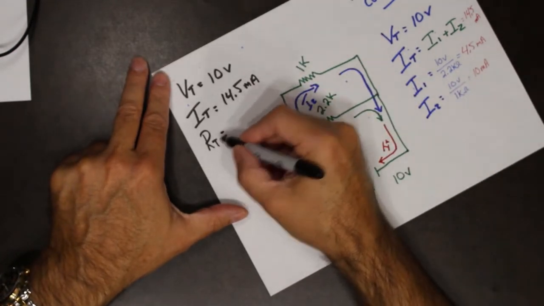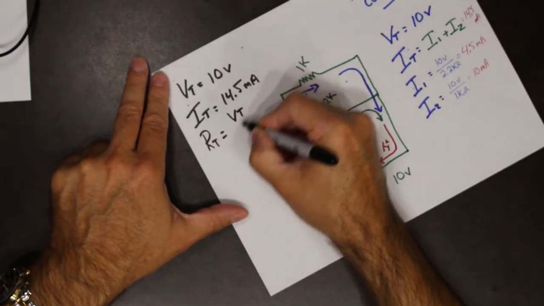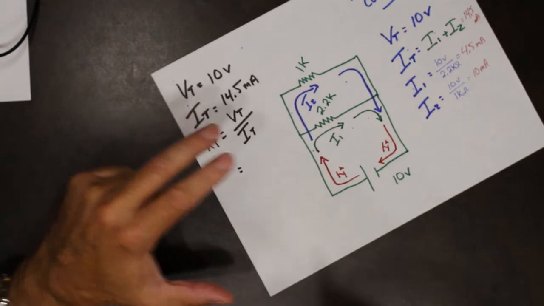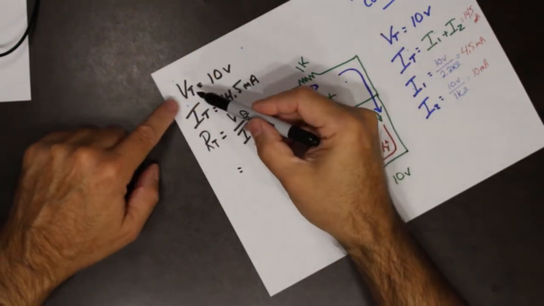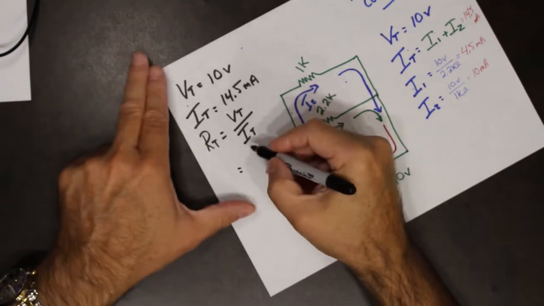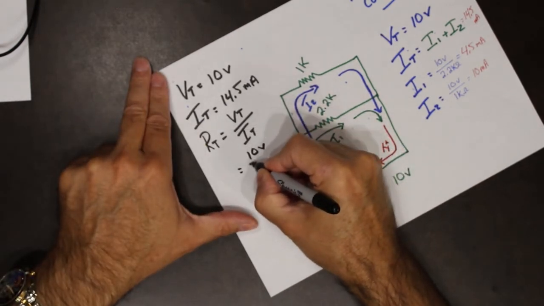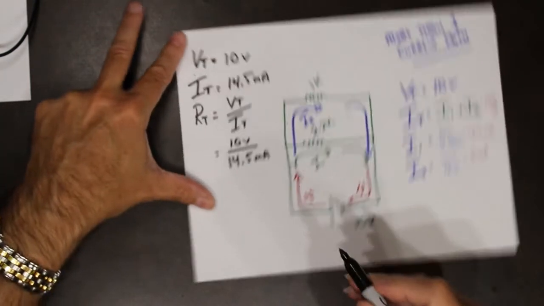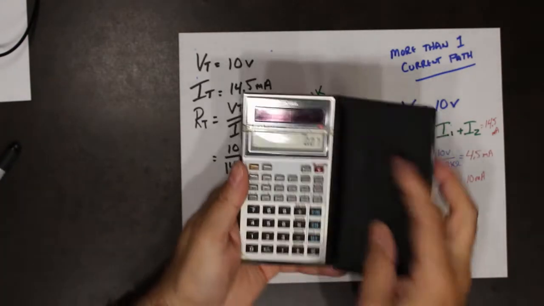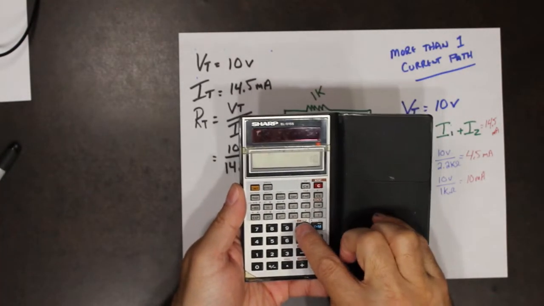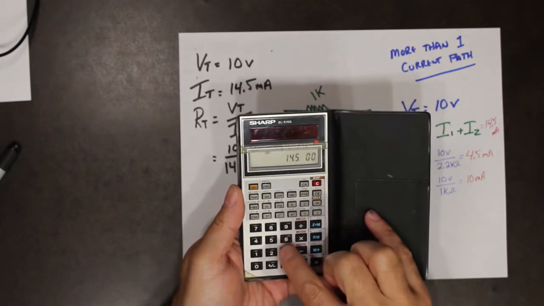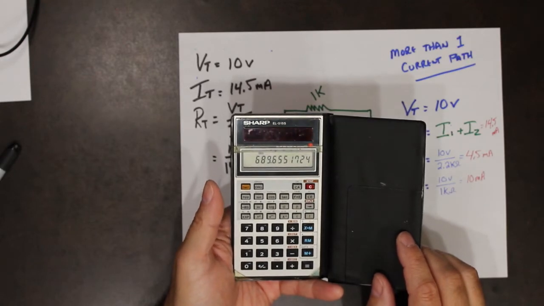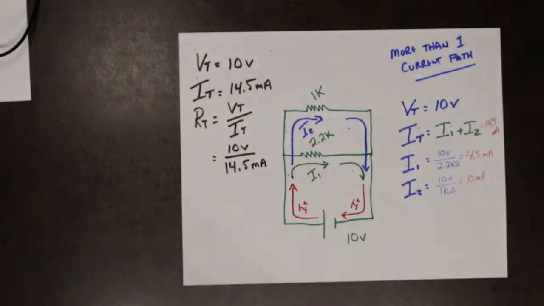Ohm's law tells us R total is equal to V total divided by I total. So when we're dealing with full circuits, Ohm's law, total gives us total. So that's 10 volts divided by 14.5 milliamps. And we'll grab our trusty calculator again. 10 volts divided by 14.5 milliamps equals, we'll round that off to 690 ohms.